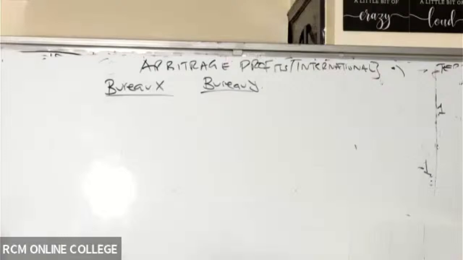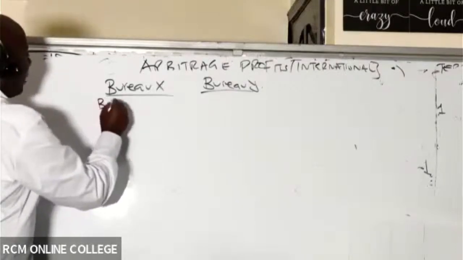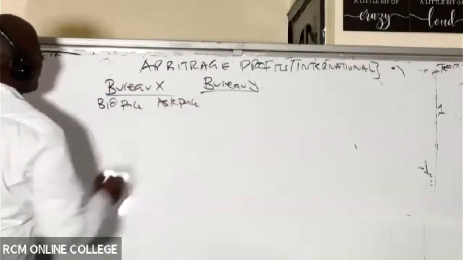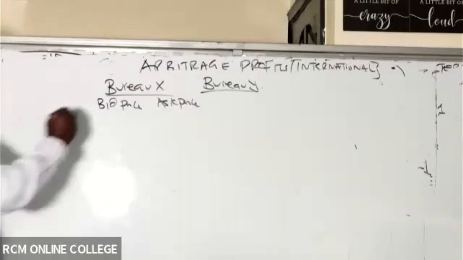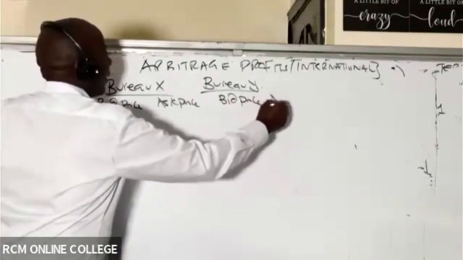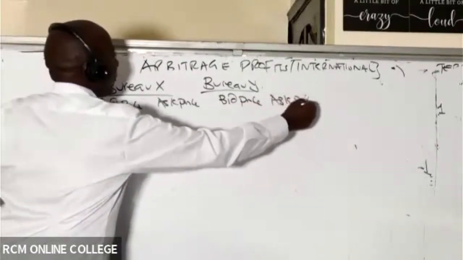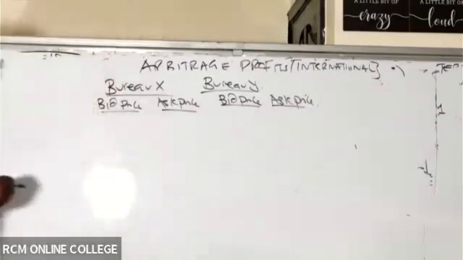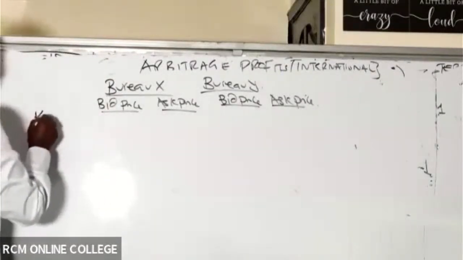So we have a bid price and an ask price. Bureau Y also has a bid price and an ask price. Kenya shillings per Uganda shilling.